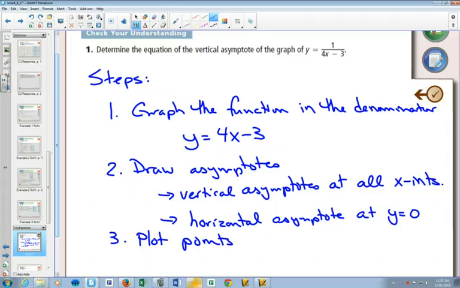Then we'll plot some points on our original and reciprocal graphs.